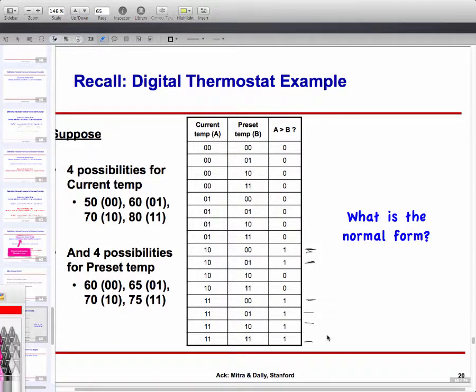So I have 6 minterms, or 6 rows where it is 1. So all I need to do is to write down the corresponding minterms and OR them together.